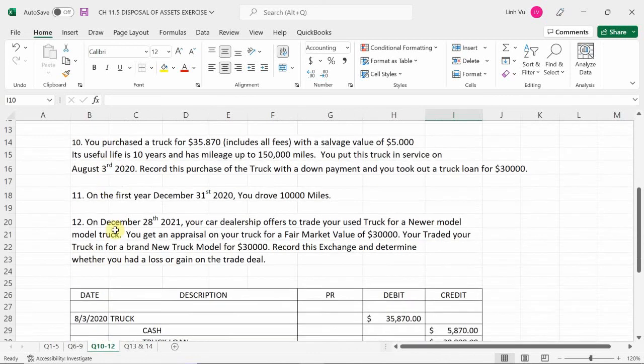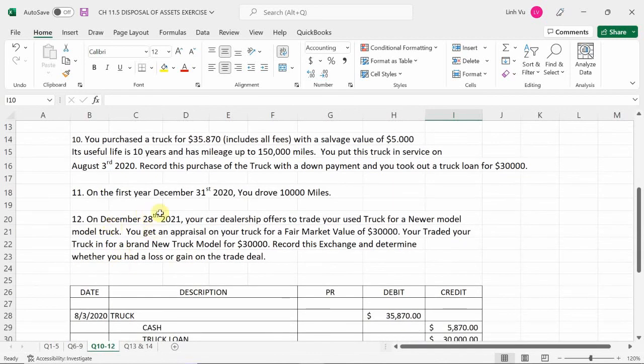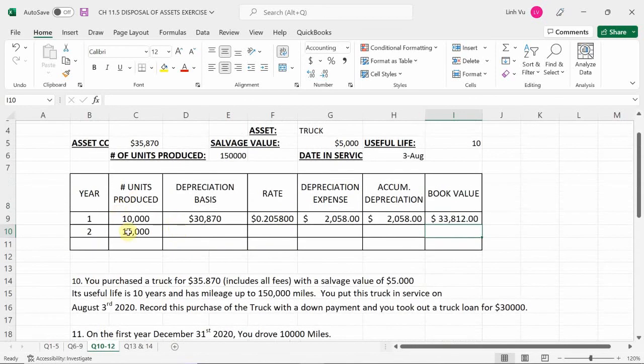They offered me this December 28, 2021. So that means I drove a total of 15,000 miles for the next year, for the second year, right? So I need to determine what my book value is first because it got an appraisal for $30,000. So in this case, I need to figure that number out in order to figure out whether I got a gain or a loss. So in this case, I need to solve for my second year.